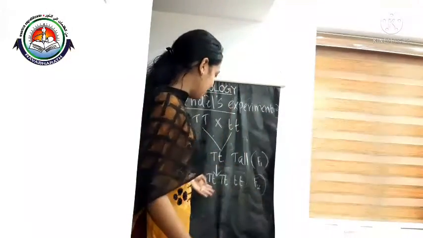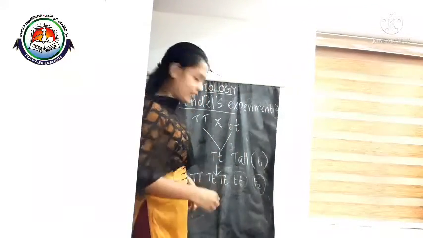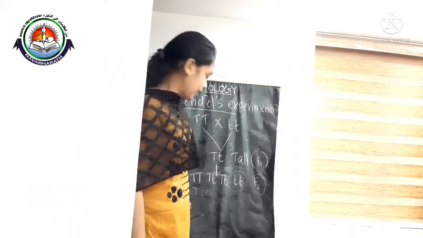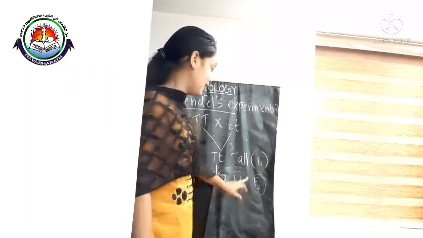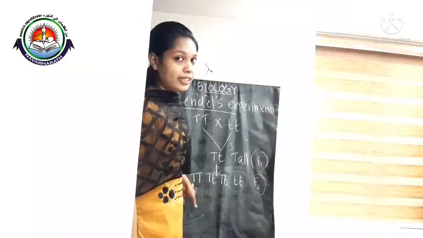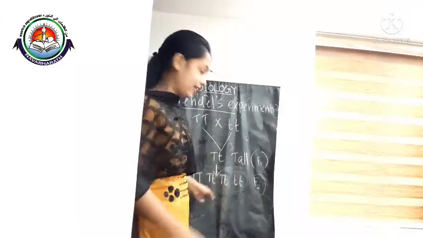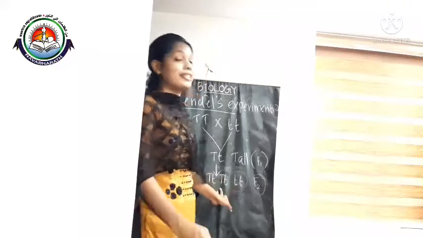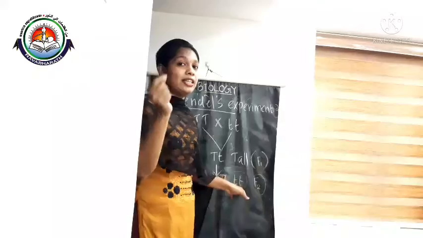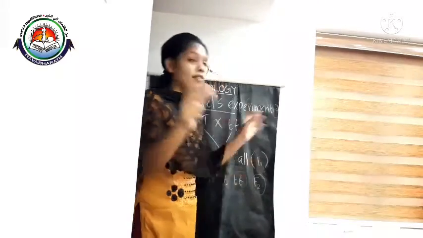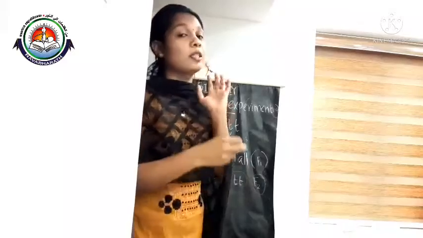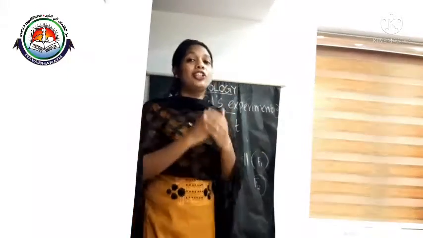Here, a capital T represents tallness, and small t represents shortness. Capital T capital T results in tallness, and capital T small t also results in tallness. Only double small t results in shortness. If one capital T is present, that leads to tallness.